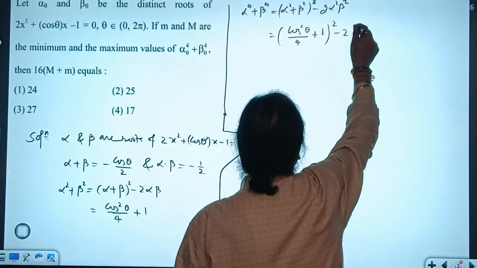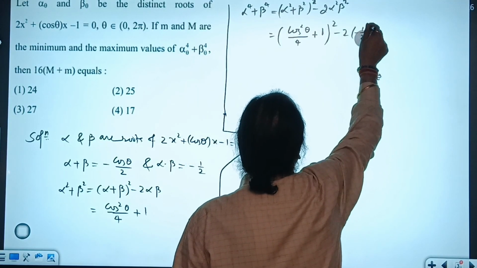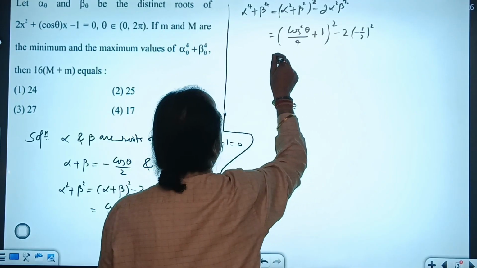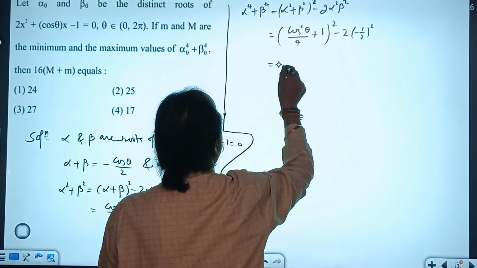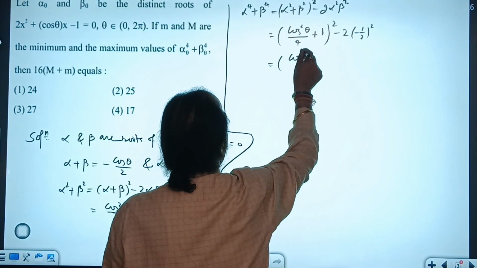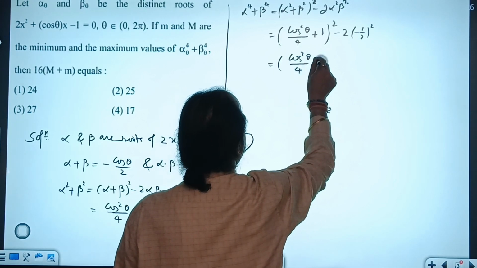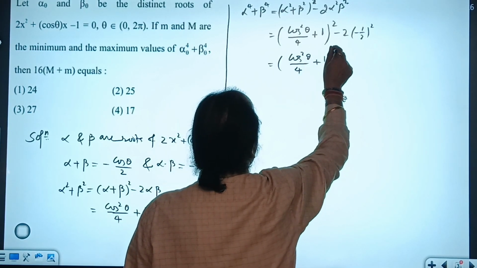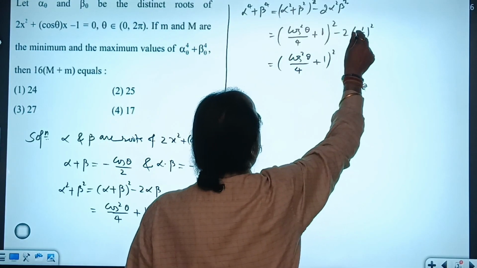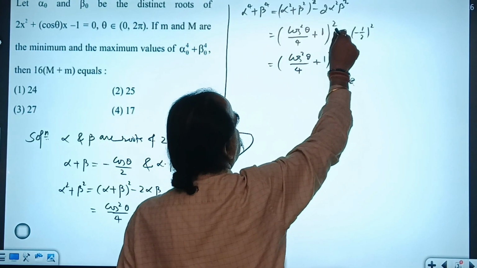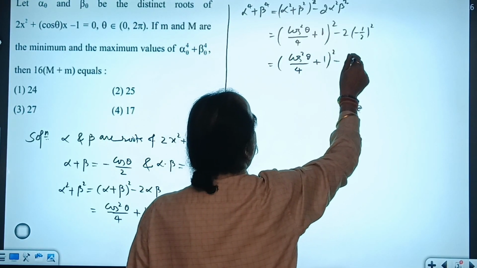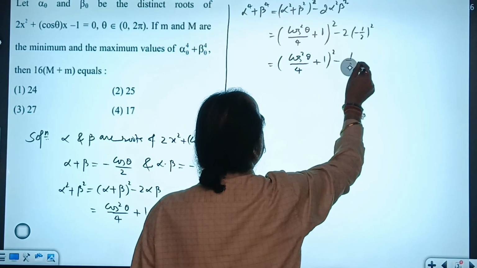Minus 1 by 2 square. So we get cos square theta upon 4 plus 1, whole square. This is 1 by 4, and 2 will get cancelled, so minus 1 by 2.